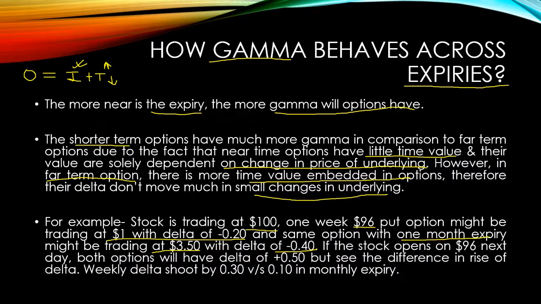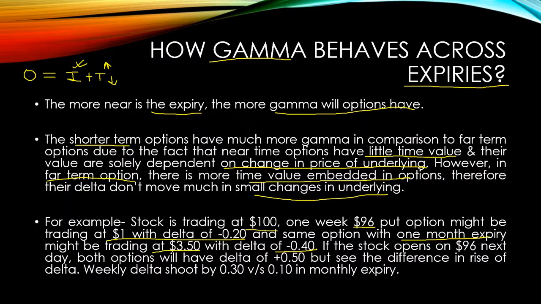So what do 0.20 and 0.40 mean? If you have watched our previous video on delta, you will easily find that 0.20 and 0.40 are roughly the probability of the option going in the money. So the 1 week option has a probability of 20% of going in the money, whereas the 1 month expiry option has a 40% probability.